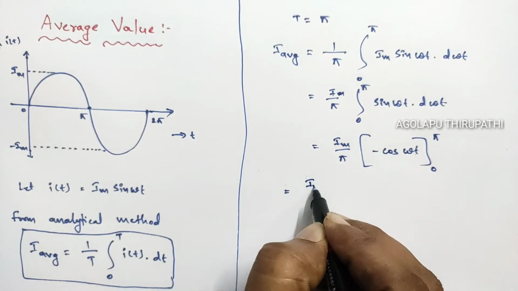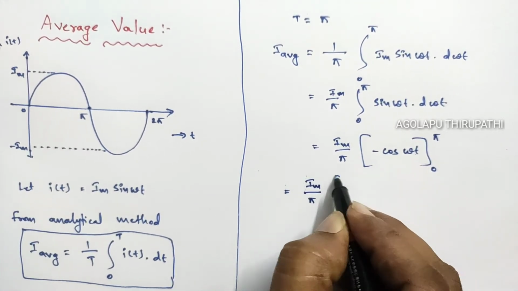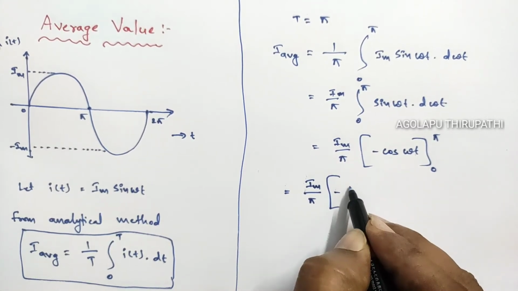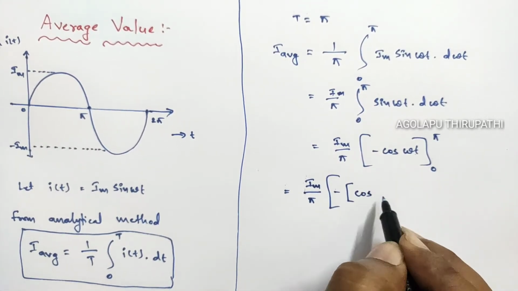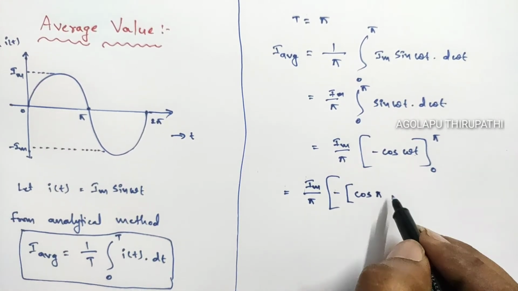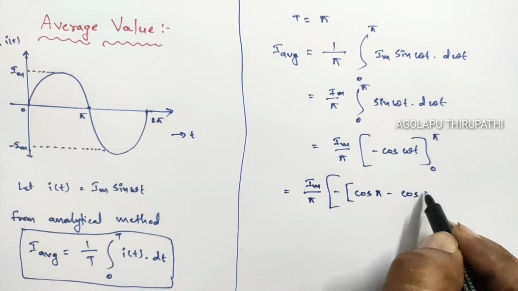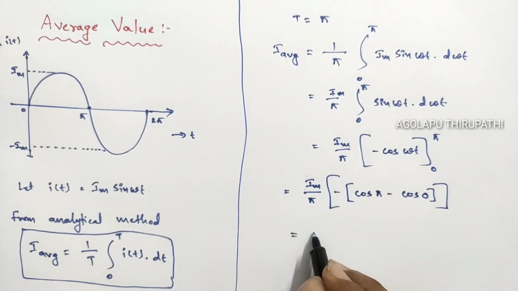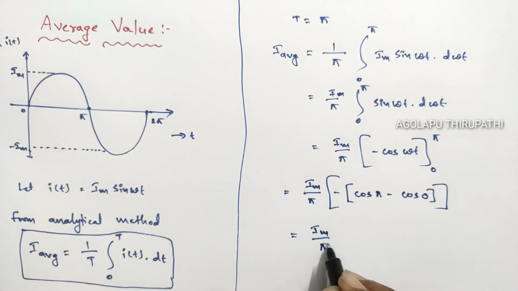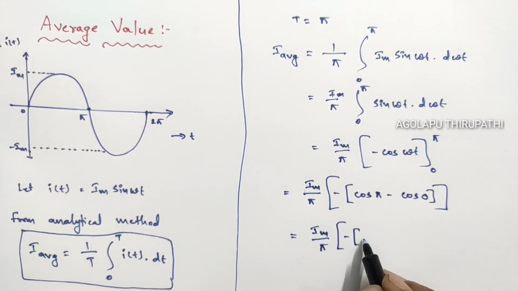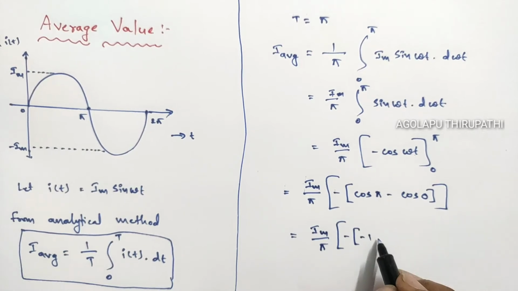You will get Im by pi into upper limit minus lower limit: minus cos pi, the upper limit, minus minus cos 0, the lower limit. Next, Im by pi into minus cos pi. Cos pi value is minus 1. Next, minus cos 0 is minus 1.